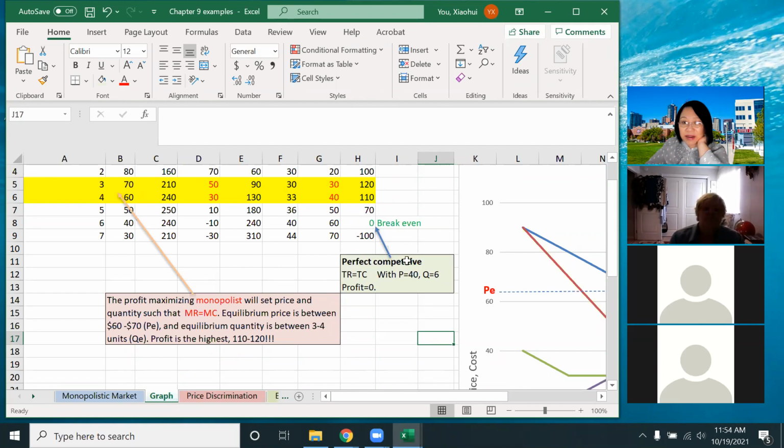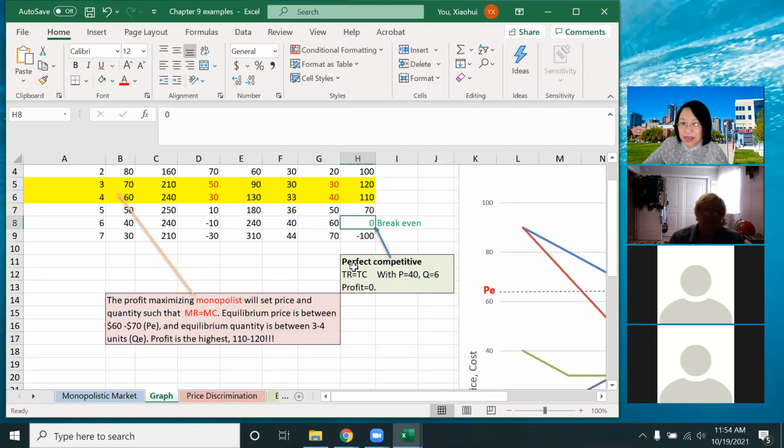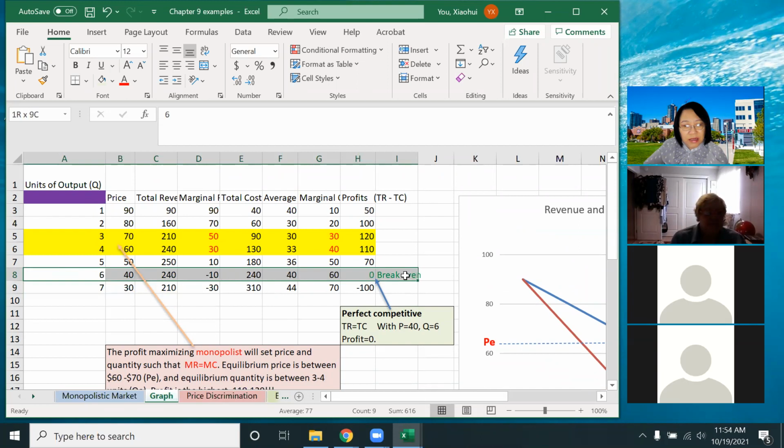For the perfect competitive market, the company's production is here at break-even, and total revenue equals total cost. And with the price, if you look at here, this is the price, right? So the price will equal 40. See, at this point, how about I just make this line blue, maybe.